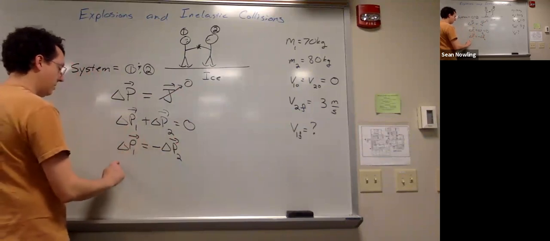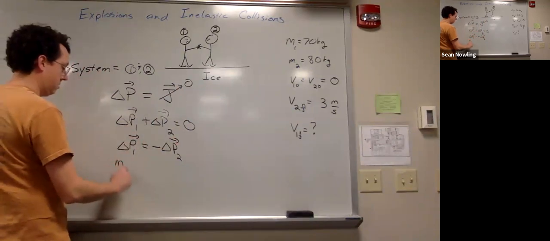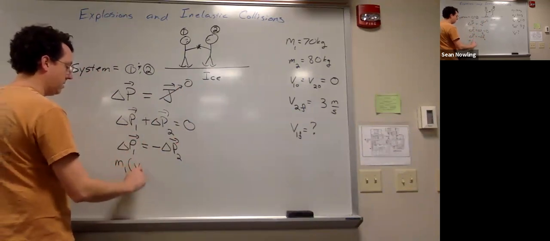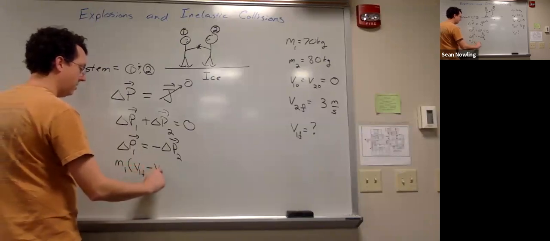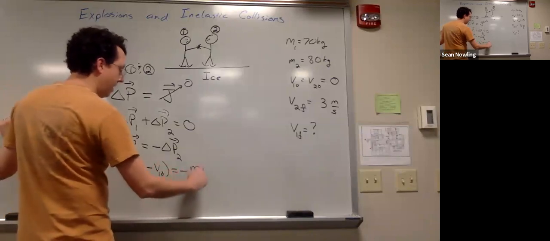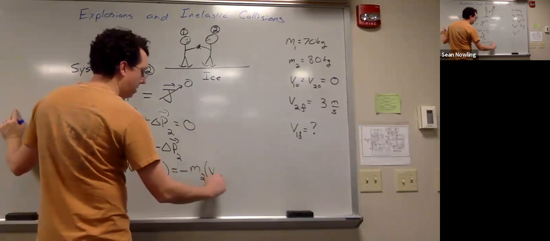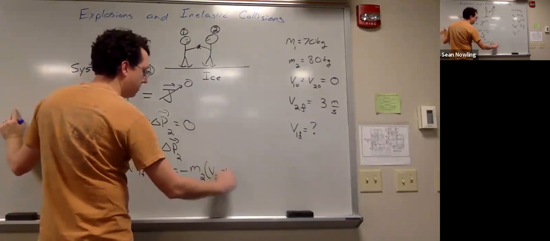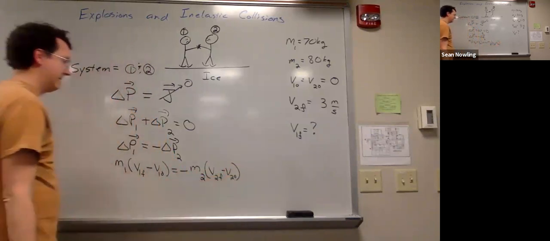This says that mass 1 times velocity 1 final minus velocity 1 initial equals minus mass 2 times velocity 2 final minus velocity 2 initial, like that.